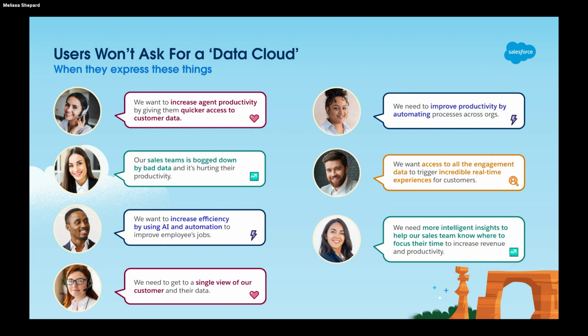Maybe they want to use AI to increase their efficiency and build automations, or even their service is having a hard time getting a single view of the customer and their data. So maybe you have multiple orgs and they can't see all the data that's in all these different orgs. Also, there's maybe the need to improve productivity and automating processes across multiple orgs.